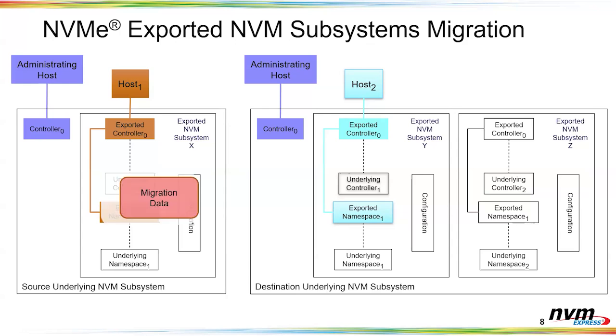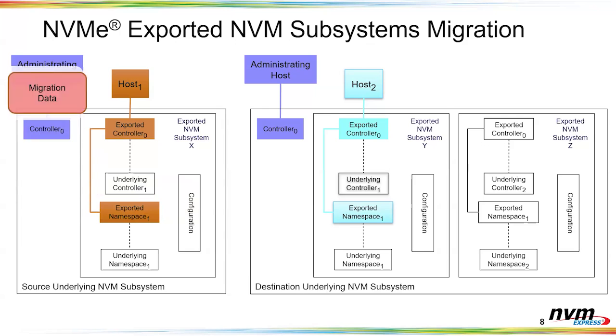So to migrate, you get to the point where you're ready to migrate, and you can ask on the source side to collect the migration data. This is the runtime state of the exported NVM subsystem, which would include data that's associated with the exported subsystem, with the exported controller, with the exported namespaces.